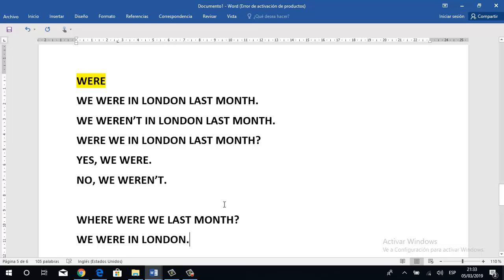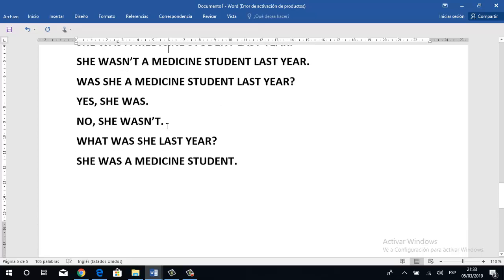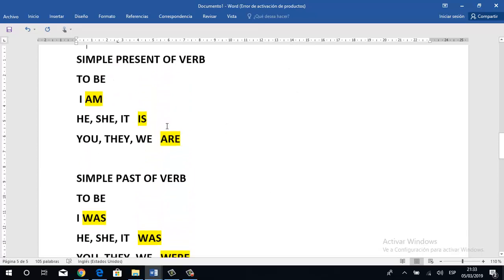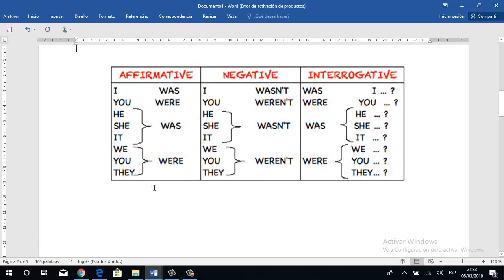Okay, so I guess you got the idea. It's not very difficult, you just have to be careful with this. You have to be careful that whenever you are adding these words, you just follow the formula. The formula at the end is as simple as the verb to be in present: you will have the subject, then the conjugation of the verb to be, was or were, then we will have the complement.